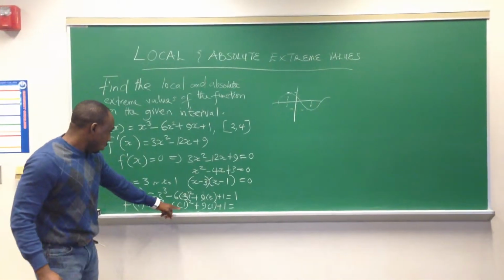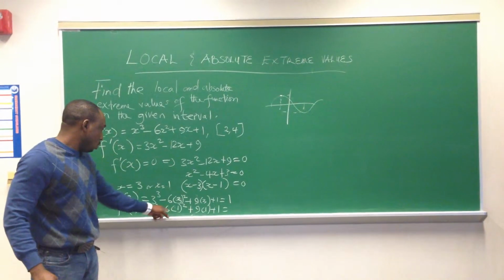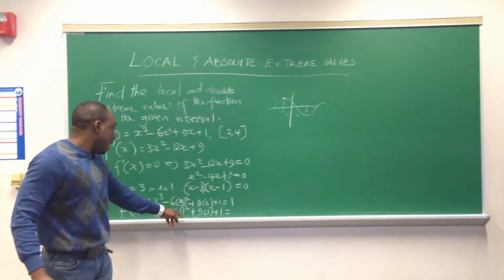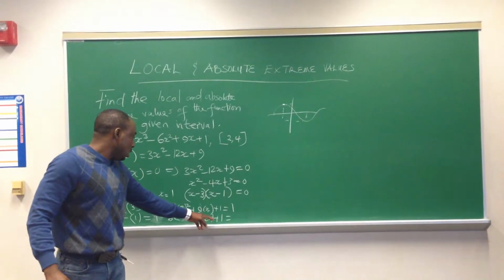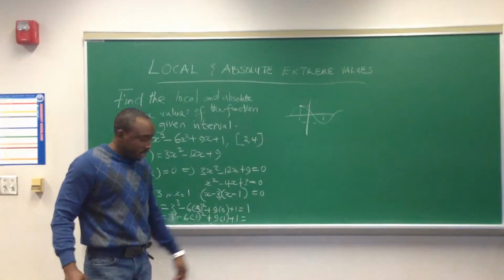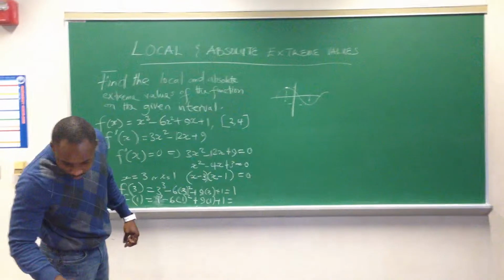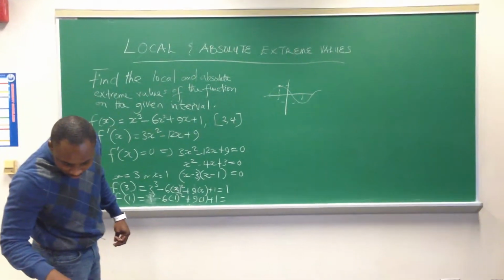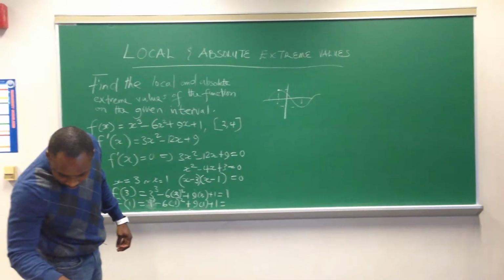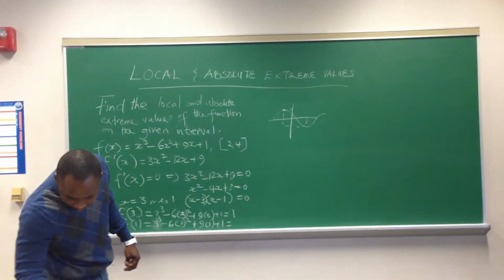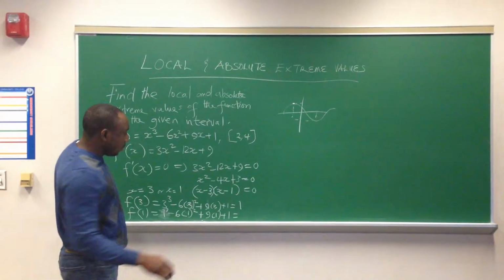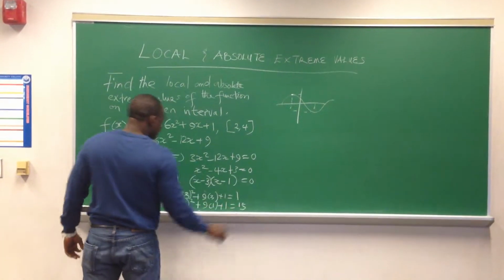When x is equal to 1, this is 1 minus 6, that's minus 5, plus 9 is 4, plus 1, that's 5. So f of 1 is 5.